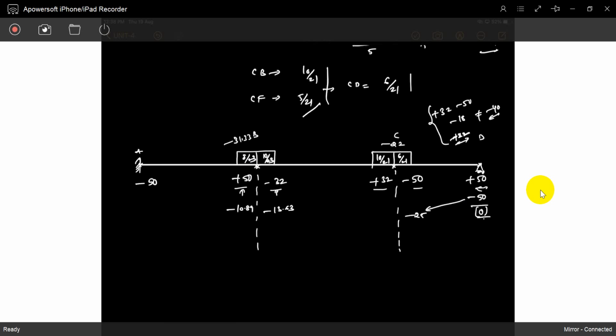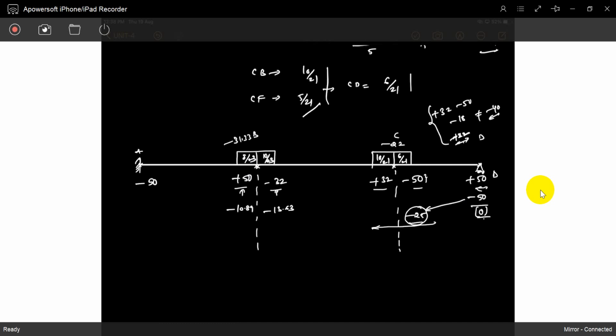Plus 32 minus 50. Okay. One thing you can observe, we already settled joint D. We already got its minus 25. So it's already settled, so no need to distribute. If you add plus 22 it gets redistributed, and again minus 25 is unbalanced. Again you would have to apply plus 25 at CB and CD.